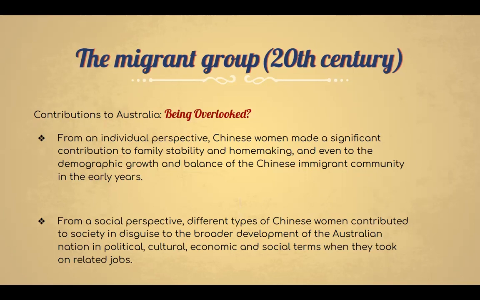However, from an individual perspective, Chinese women made a very significant contribution to family stability and homemaking, even to the demographic growth and balance of the Chinese immigrant community in the early years. And from a social perspective, different types of Chinese women contributed to society in disguise when they took on related jobs. In addition to some pictorial formats of exhibits mentioned above, an equal collection of oral testimonies is included in this showroom as well.